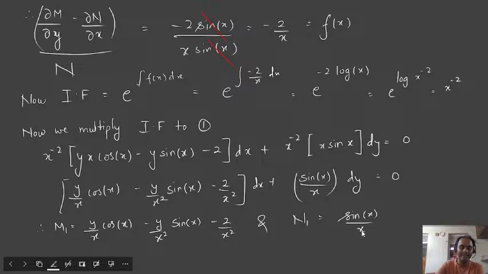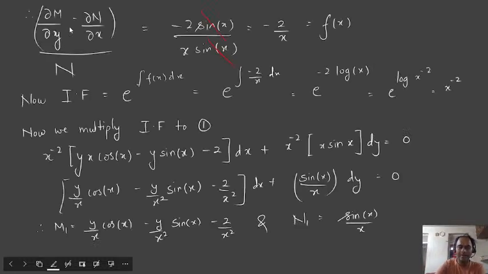So let us calculate ∂M1/∂y. What do we get? We get ∂M1/∂y is cos x by x minus sin x by x square, the minus 2 over x square is gone.